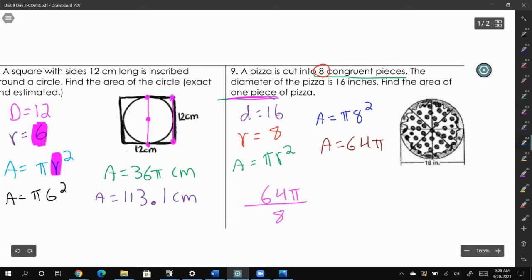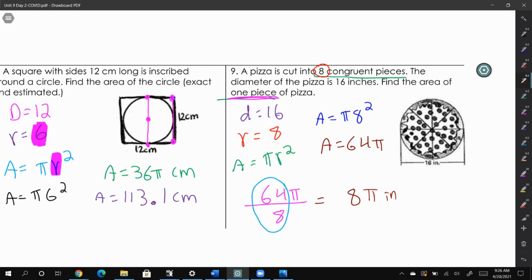The reason is that I can take these two numbers and divide those and then put pi at the end. So 64 divided by 8 is 8. So we get 8 pi. So each one of these slices is 8 pi square inches in area. And if we type that into the calculator, it's 25.13.